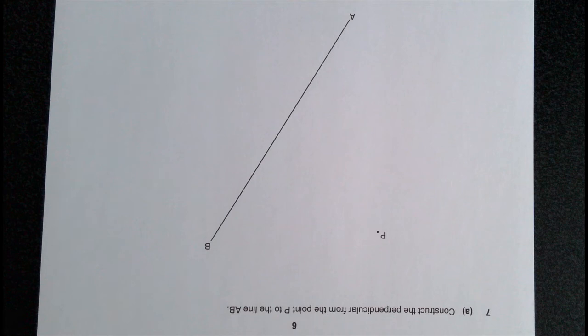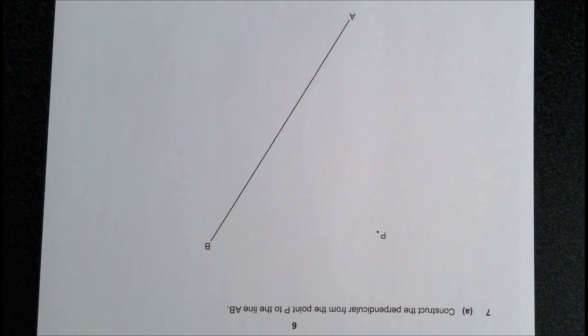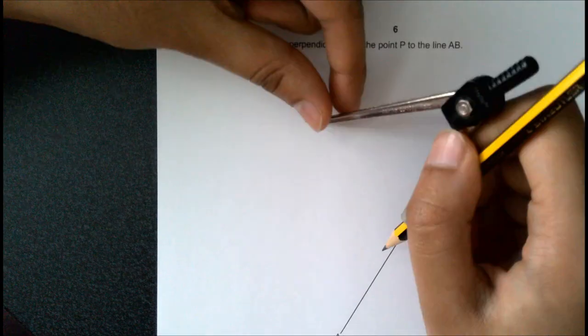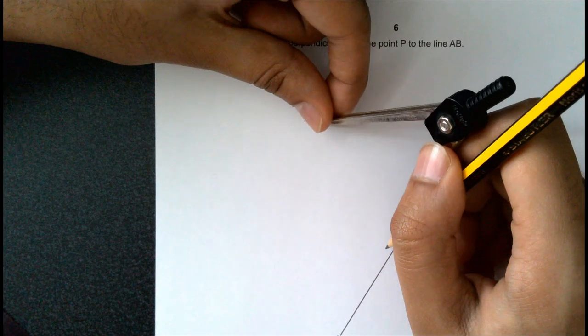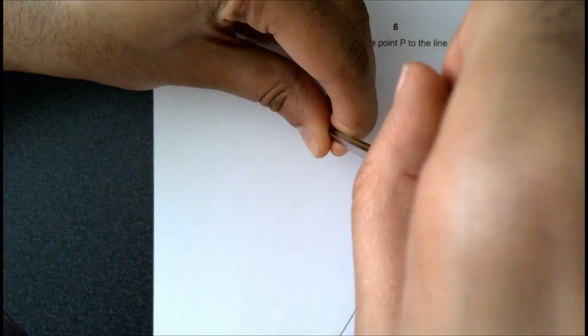Question number 7. Part A, we have to construct the perpendicular from the point P to the line AB. With our compass, put the pointy bit on the point P, like so. And once we do that, what we need to do is intersect this line with arcs. So we can intersect it here, and we can also intersect it here, for example. Then put the pointy bit at this intersection point, like so.